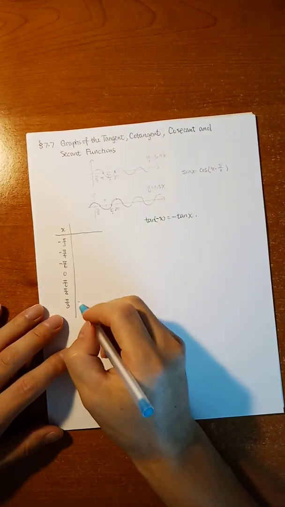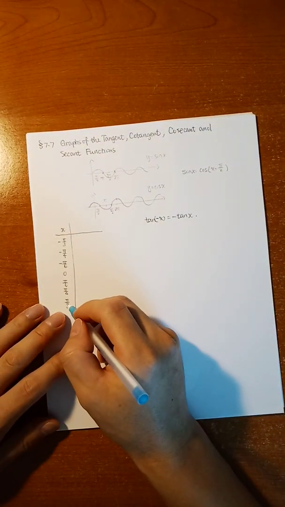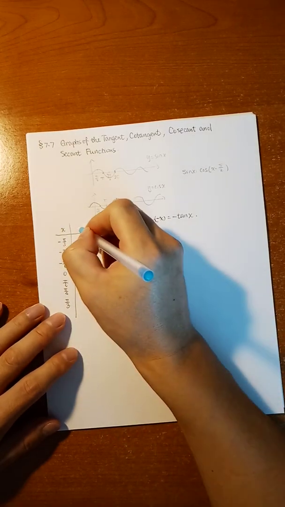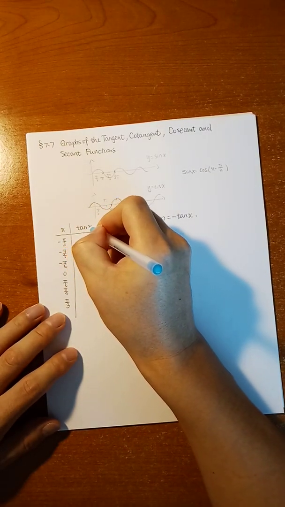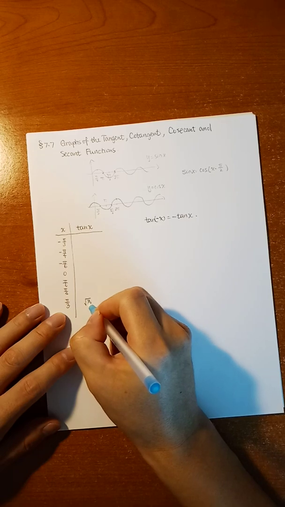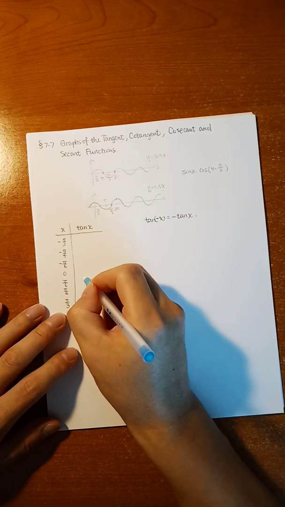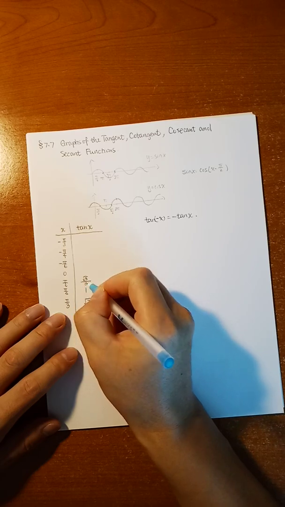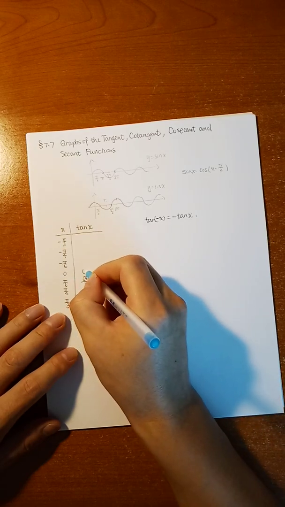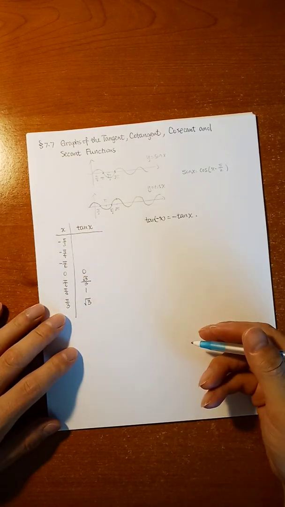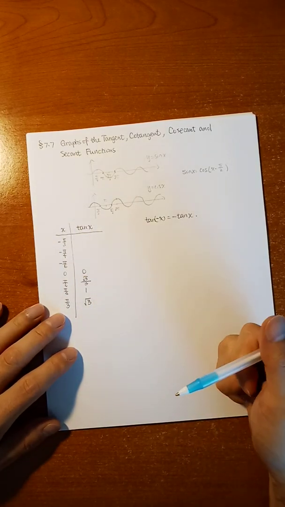So let's first just recall the values of the tangent. Tangent pi over 3 is square root of 3. Tangent pi over 4 is 1. Tangent pi over 6 is square root of 3 over 3. Tangent of 0 is 0. Tangent is sine over cosine. You just use sine and cosine, take the ratio, and you get it.